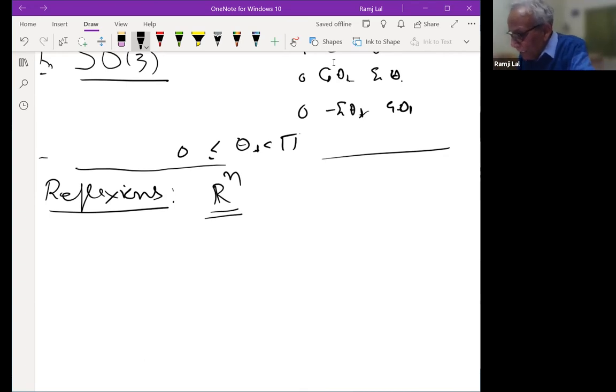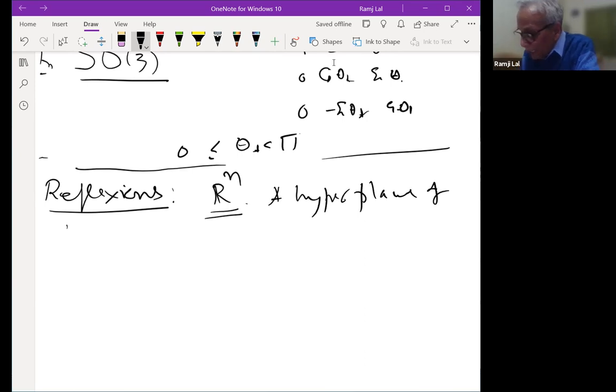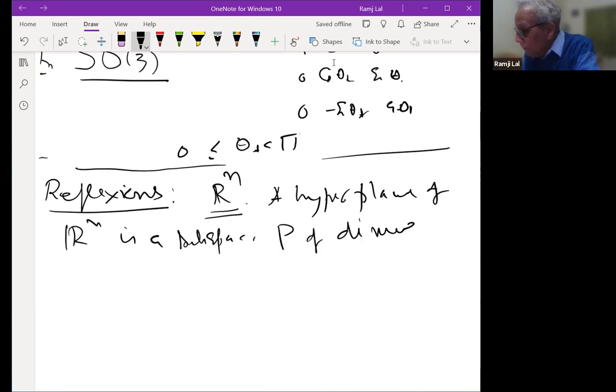A hyperplane is a subspace of dimension n-1. So if you take a hyperplane here, then the hyperplane will have an orthonormal basis.